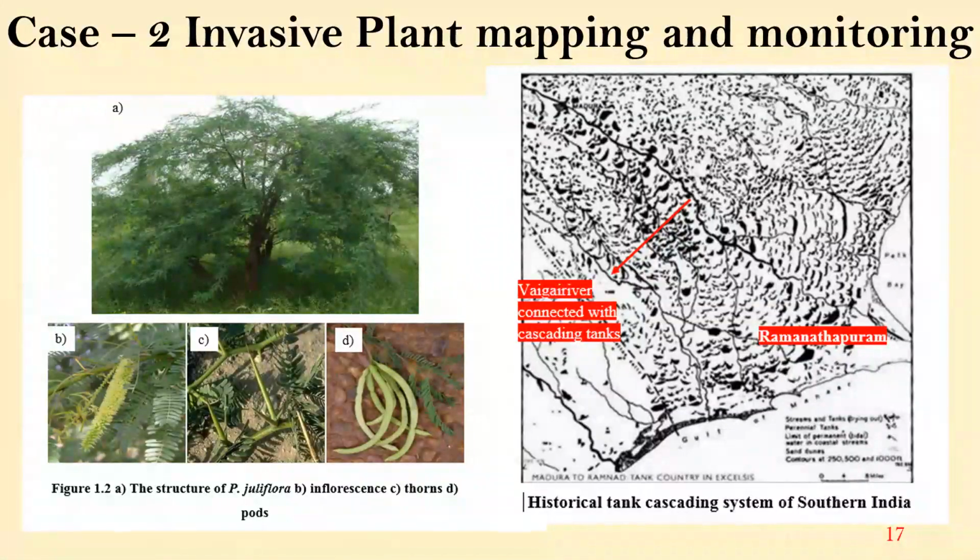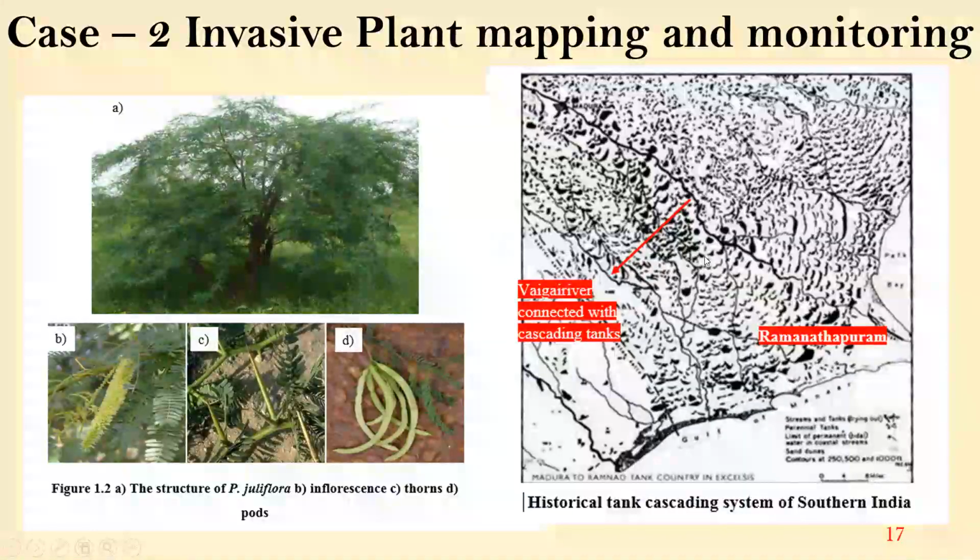During those years, there was a severe famine in this region. After this introduction, because of the invasive nature of this plant, it spread over the agriculture lands and the tank irrigation system in this region. Ramanathapuram is known as the land of tanks.